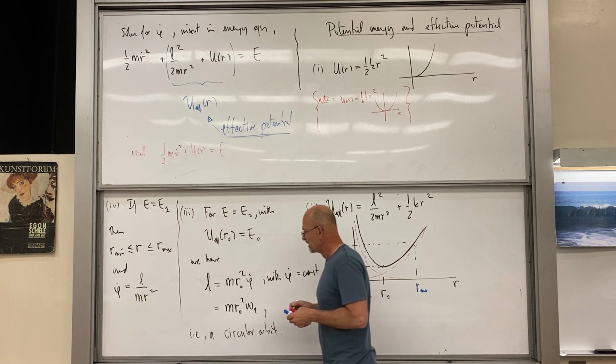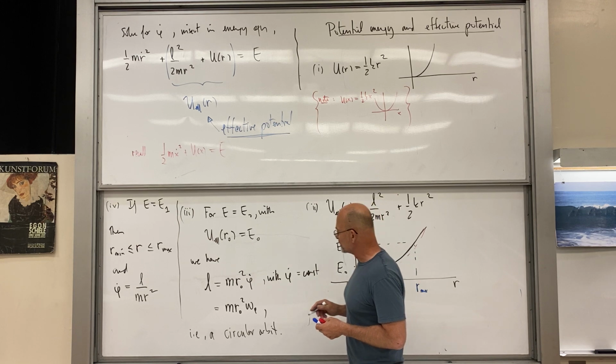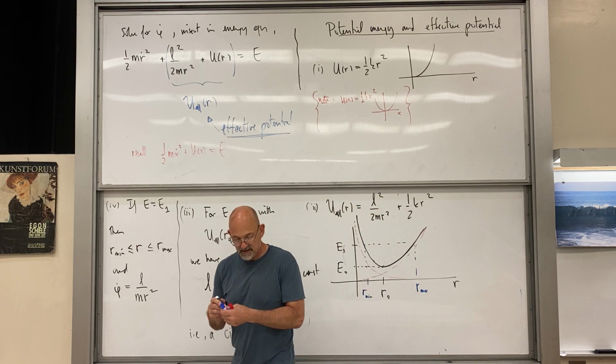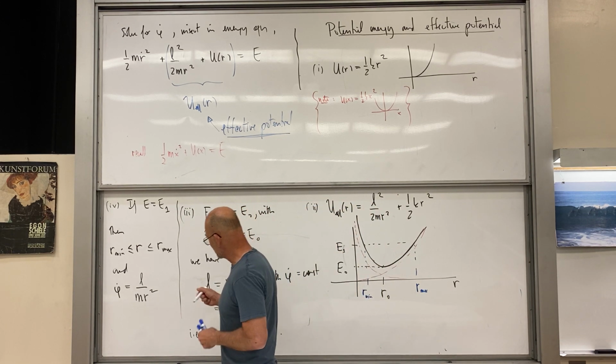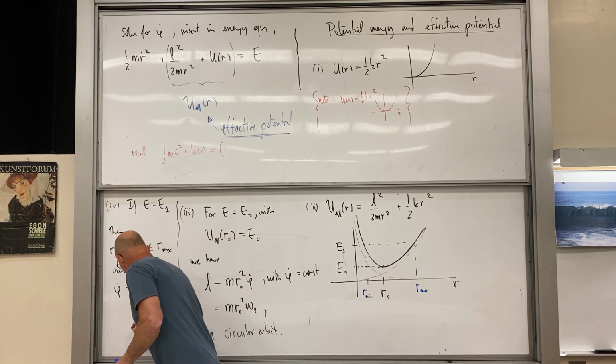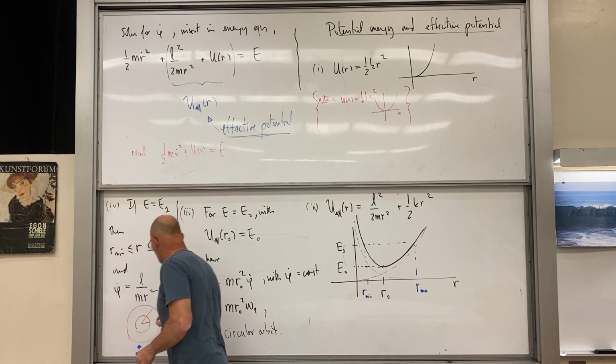Okay. So it's going to be a small picture, but you guys should expand on this picture here. I'm just going to squeeze it in the corner. So we've got two circles of radius R min and R max, right?